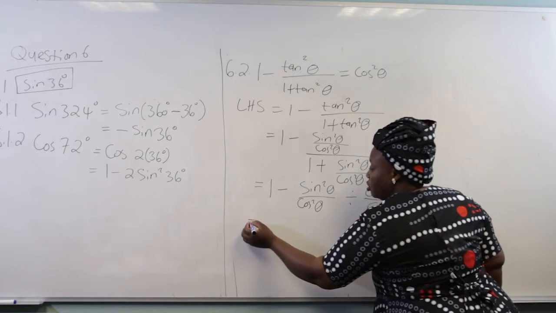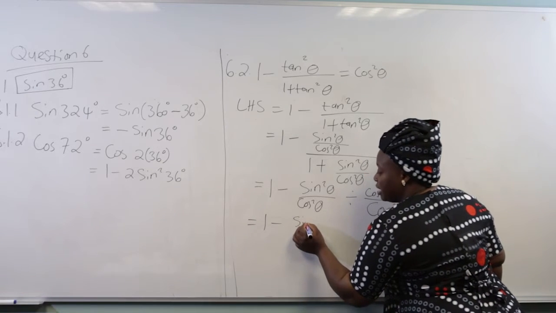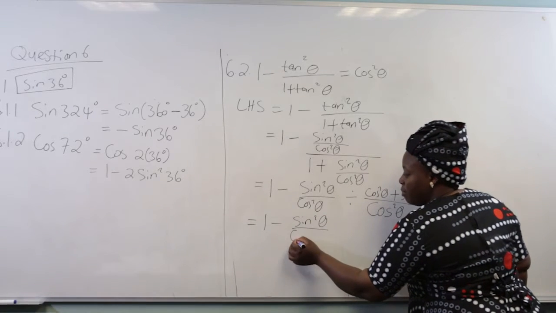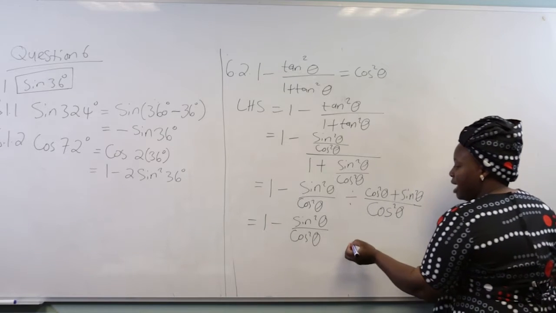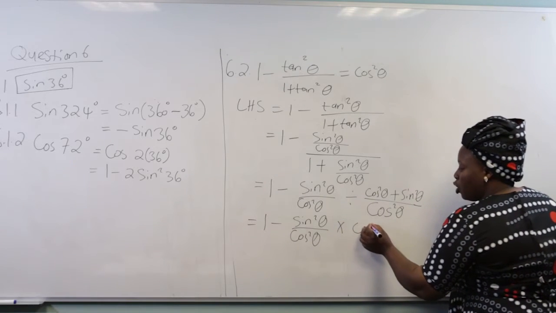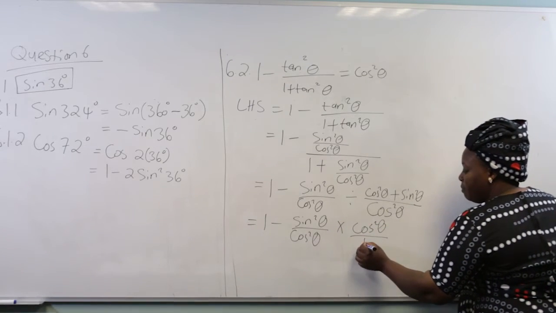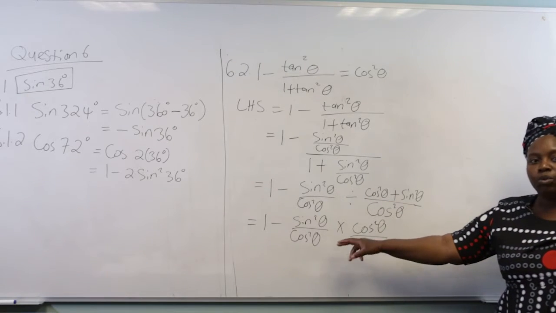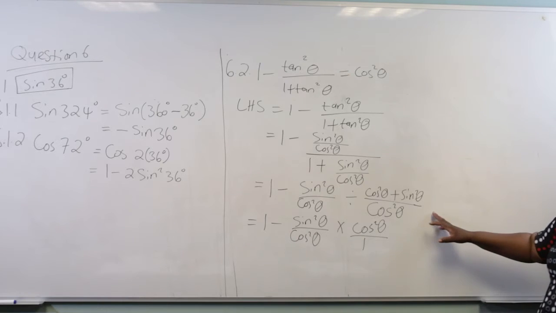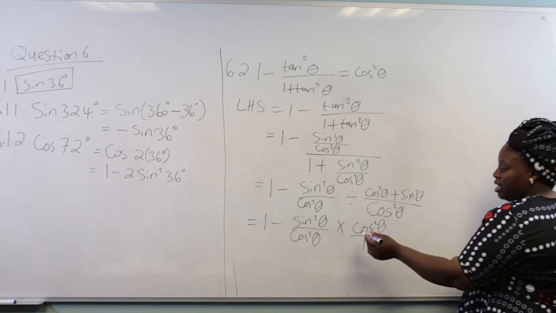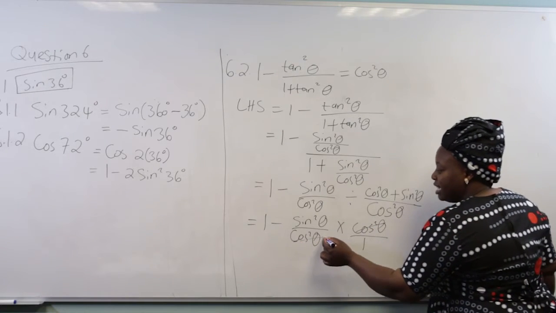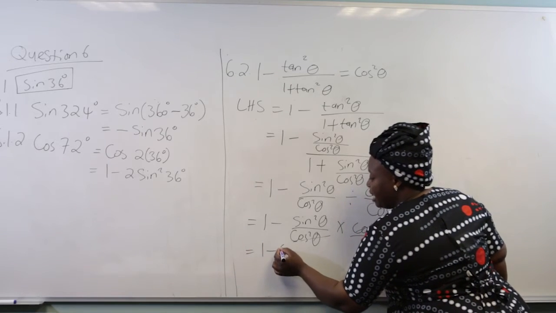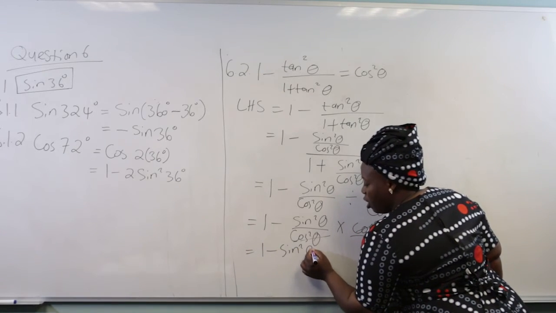So this is 1 minus sine squared theta divided by cos squared theta, multiplied by cos squared theta divided by 1, because when we change the division, we flip and then multiply. These two are the same, so they can cancel. We'll remain with 1 minus sine squared of theta.